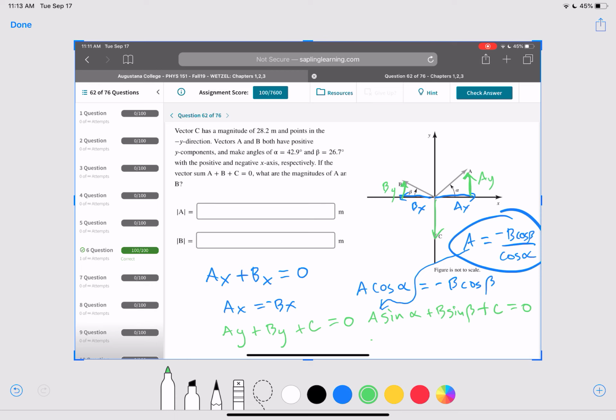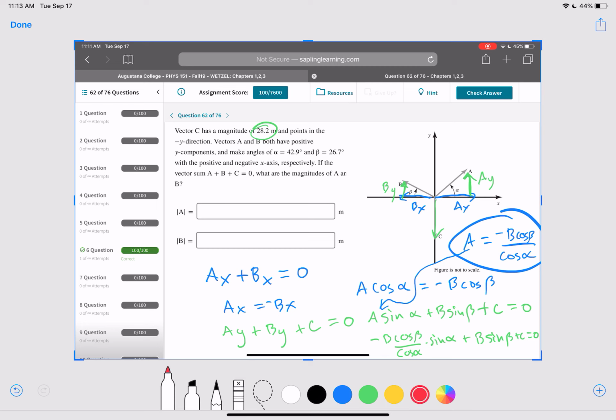And so we'll have minus B cosine beta over cosine alpha times sine of alpha plus B sine of beta plus C equals 0. Okay, now this looks complicated, but it's not, because we know what C is. C is 28.2 meters, so we know how big C is.